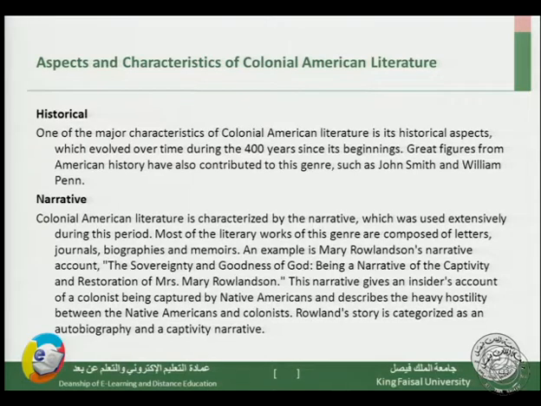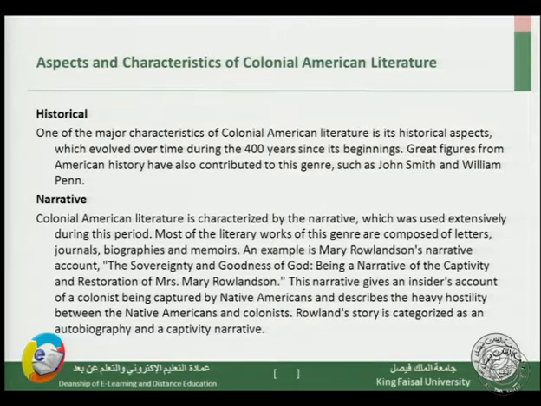And first of all, the type of writing or literature at that time was historical, because it recorded a lot of the history of that period of time of the United States.